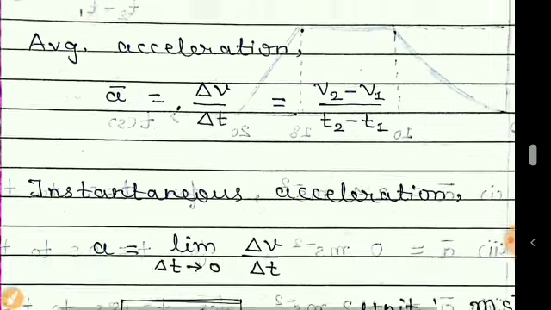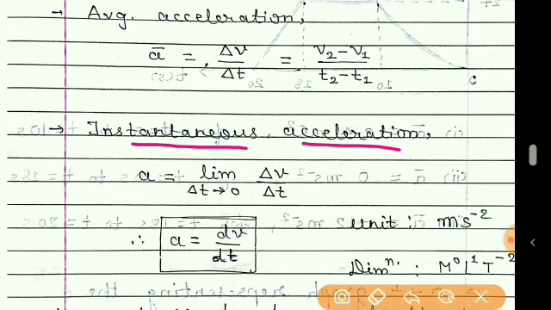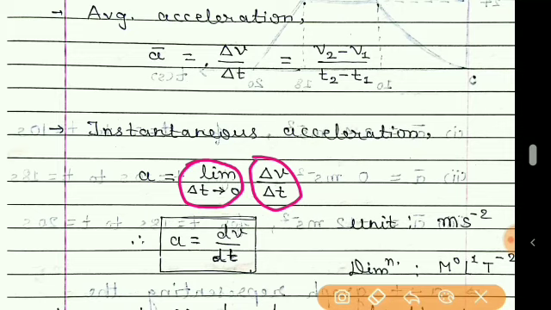Now what is for instantaneous acceleration? So students, remember what we did for velocity. We took the time interval very small. How small? That is nearly equal to 0. It is not 0 but nearly equal to 0, a very small time interval. So we used to take the limit of this term, limit delta t tends to 0. In that case we get the instantaneous acceleration, simply a.